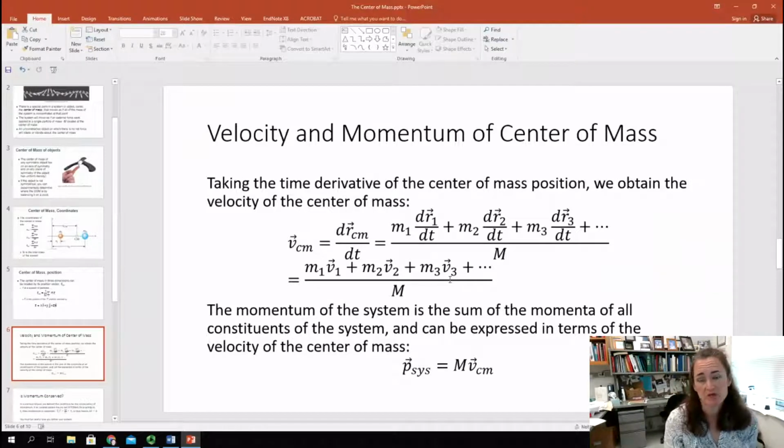You're summing up the momenta of each of the individual constituents. That's the momentum of the system, which I'll call P sub sys. So I can express the momentum of the system as the total mass of the system, big M, times the velocity of the center of mass. That's one convenient way to do it.